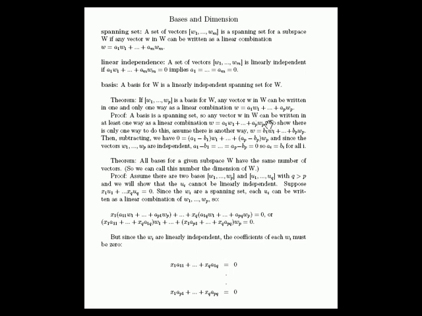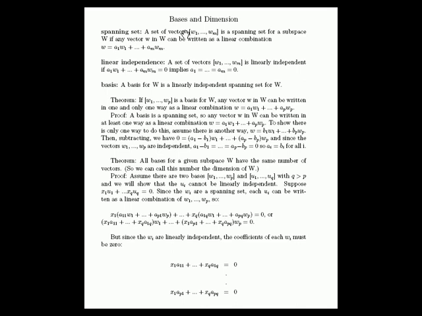Suppose there are two different ways of writing it as a linear combination of w1 through wp. If you subtract the two, you get (a1 minus b1) w1, etc., equal to 0. And the fact that the vectors are independent means that if you have a linear combination equals 0, the coefficients must all be 0. Therefore, a1 minus b1 must be 0. So a1 is the same as b1 and so forth. So back to our example, which helps you understand intuitively what's going on.